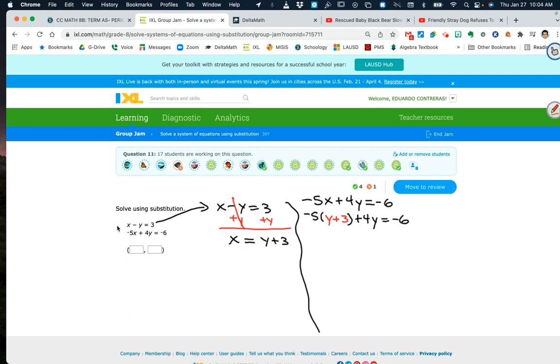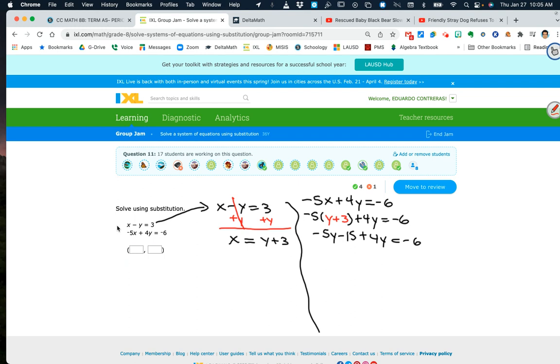Okay. So let's distribute. Now we got to distribute. Multiply through by negative 5 here. So it's negative 5 times y. And then negative 5 times 3 is negative 15. Plus 4y equals negative 6. So we basically created a multi-step equation with distributing and all of that stuff.